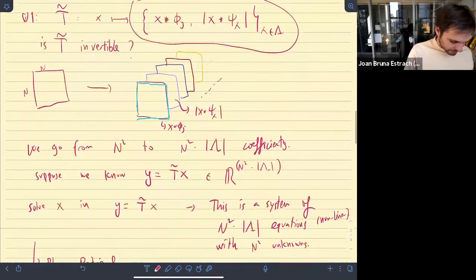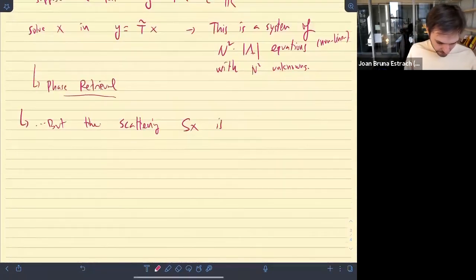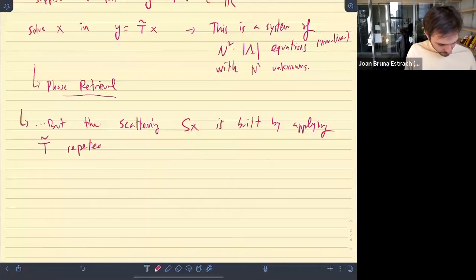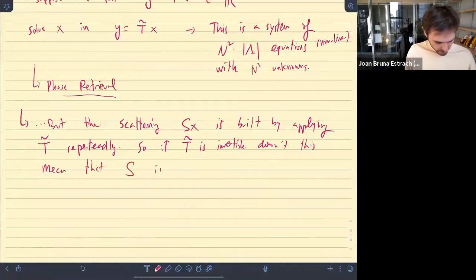So it's built by applying T tilde repeatedly. So T tilde is invertible. Doesn't this mean that S is invertible?